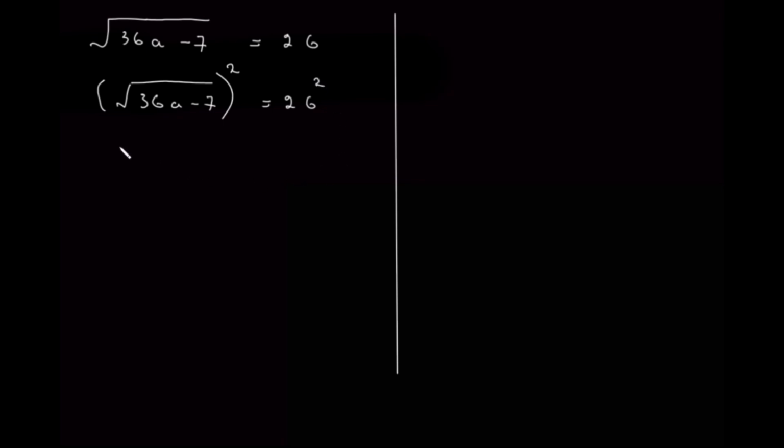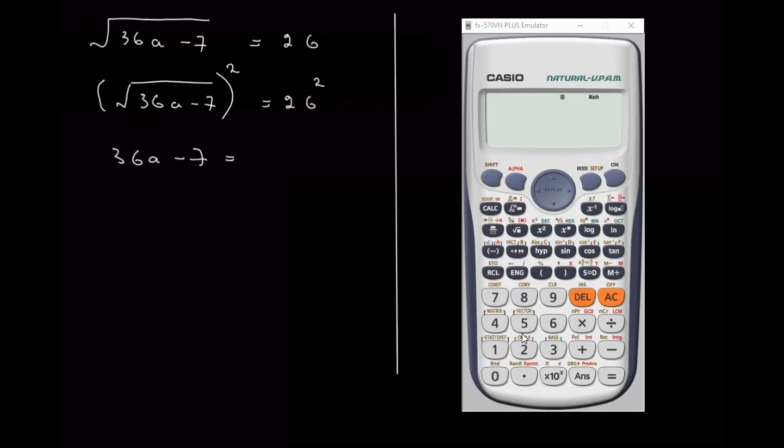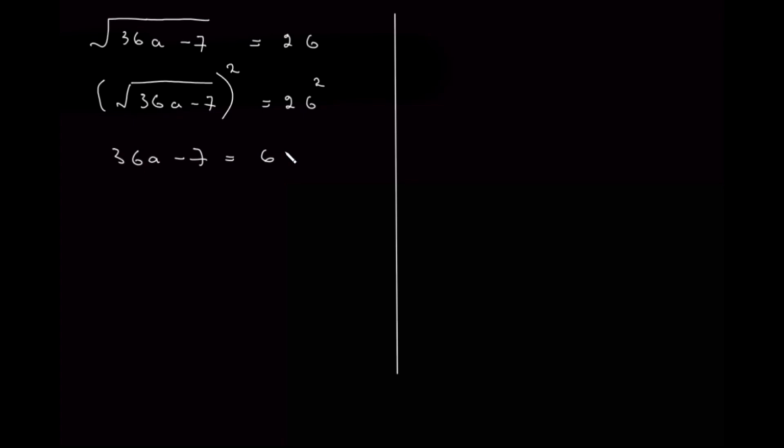That would give me 36 times a minus 7 equals, now let's call up my calculator, and we have 26 squared. 26 squared gives me 676. Thank goodness for calculators, eh?